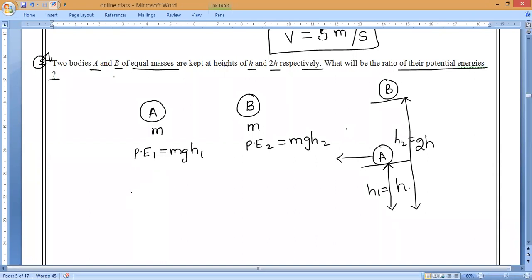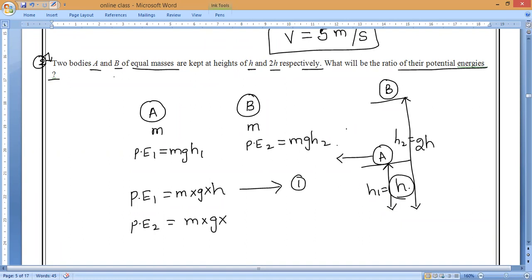Now substitute the values. P1 equals M into G into, in place of H1, H1 equals what? H. Let me call this equation 1. Now P2. Speak everybody. Next M into G into, in place of H2. H2 means what, guys? 2H. So this is equation number 2.